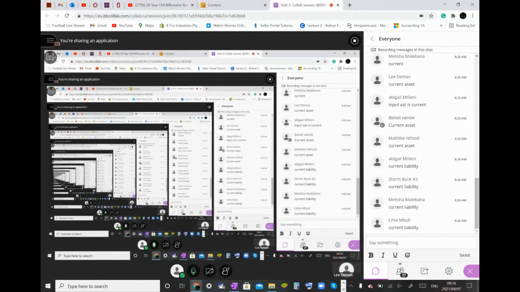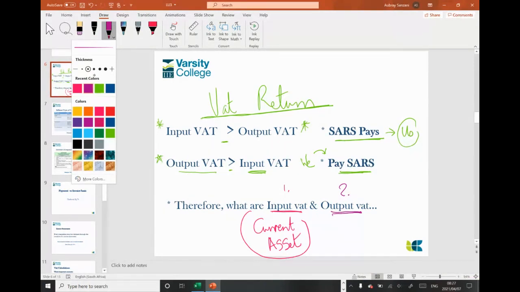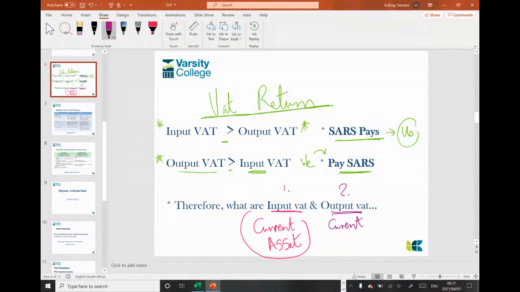So you guys are 100% correct. It is a current liability. What's important to remember is that they are opposite. One is a current asset and the other is a current liability. Very important, because we will constantly be testing your knowledge on this. Awesome stuff. Thank you guys.